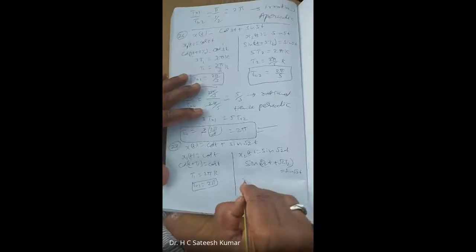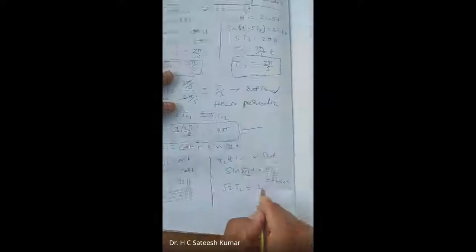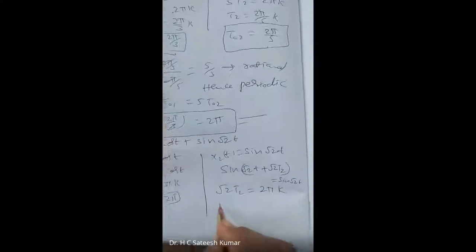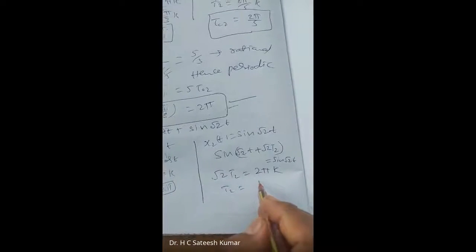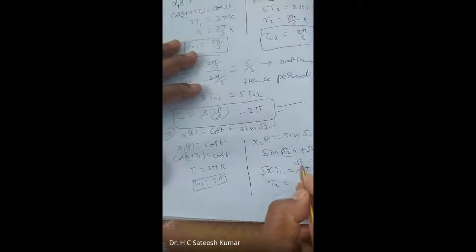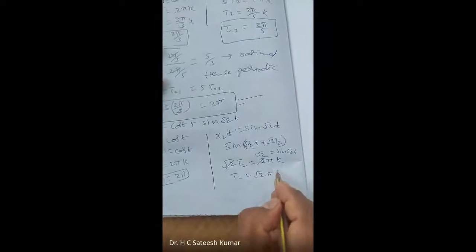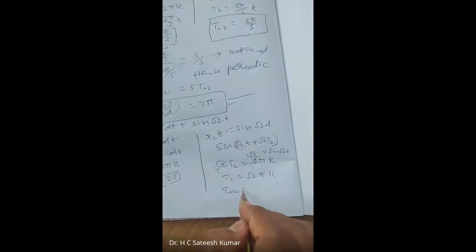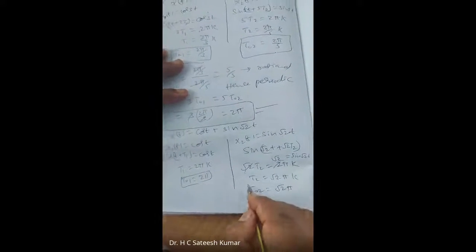When these two are equal, root 2 T2 should be equal to 2 pi k. T2 is equal to root 2 pi k divided by root 2, so T02 is equal to root 2 pi.